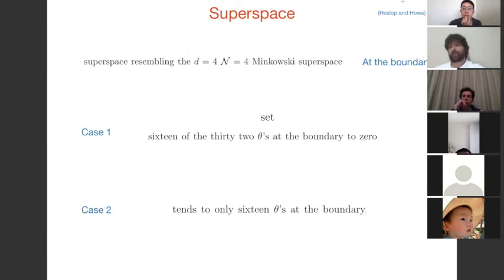But then the vertex operator has to depend on a lower number of thetas when you approach the boundary. Our coset is the second case, because this vertex depends on only 8 thetas. So when you approach the boundary, you don't have 32 thetas, only 8. So there are just two possibilities.